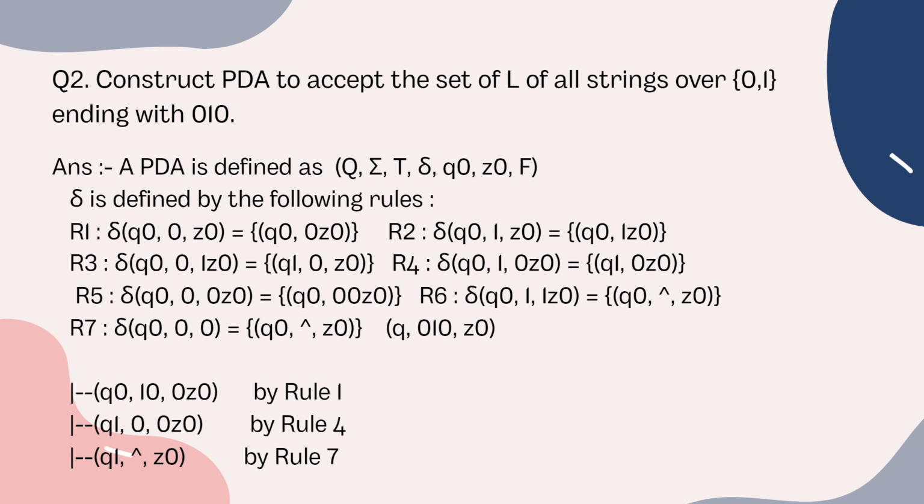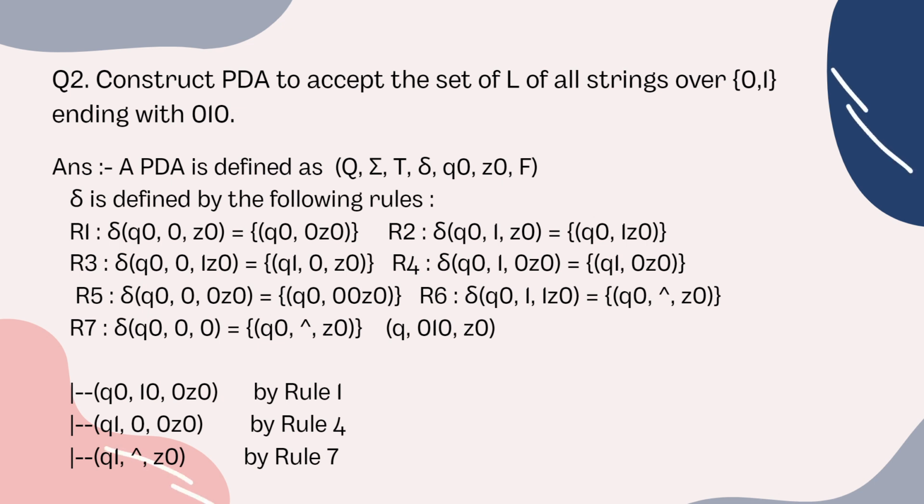Rule 3: delta(q0, 0, 1, z0) = (q1, 0, z0). Rule 4: delta(q0, 1, 0, z0) = (q1, 0, z0).